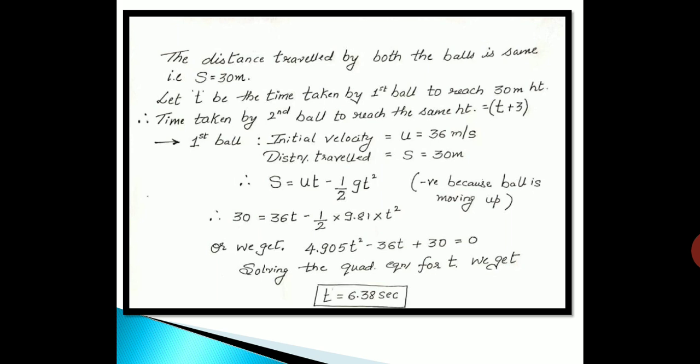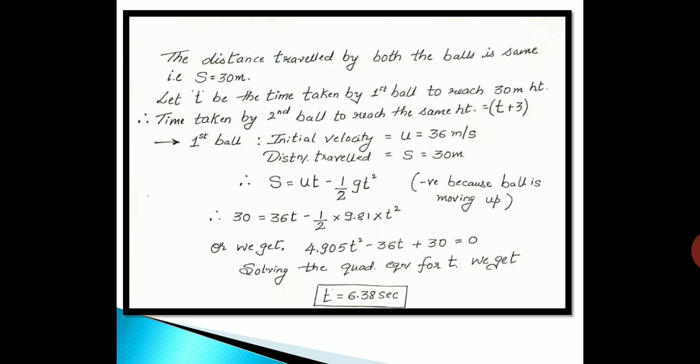As we are throwing the second ball with a delay of 3 seconds, the time taken by the second ball to reach that height will be t plus 3, because we are throwing the second ball with a delay.